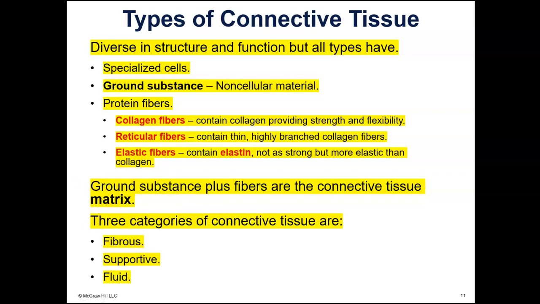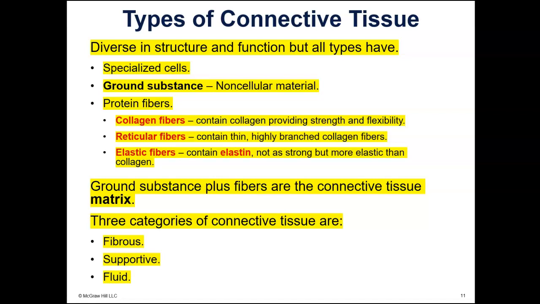So if you compare epithelial and connective tissue, the epithelial tissue is mainly cells that are packed tightly together. But connective tissue, although it has specialized cells, they are separated by the matrix.